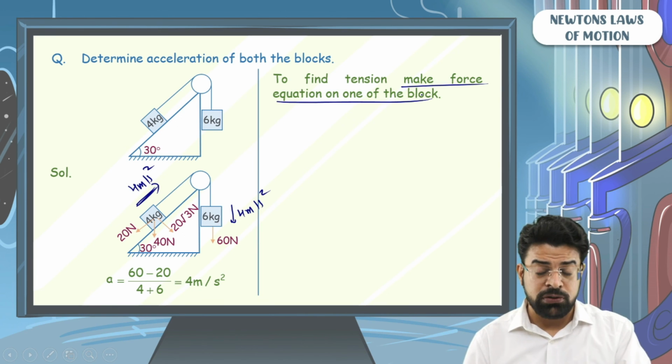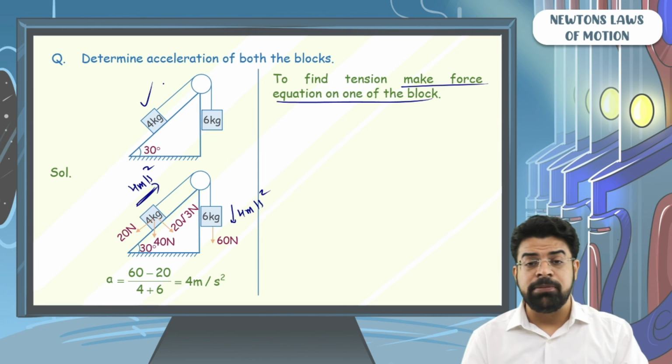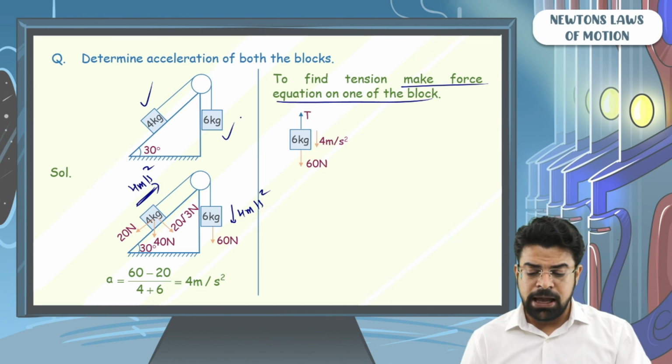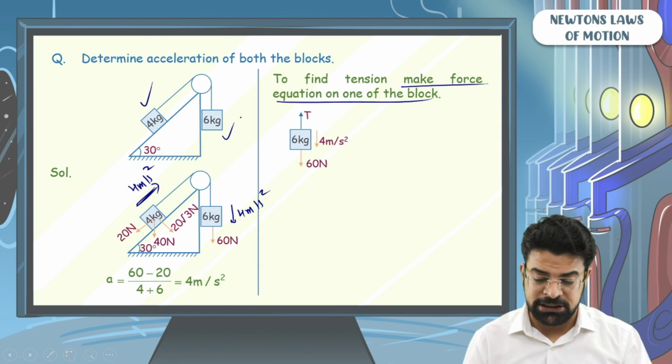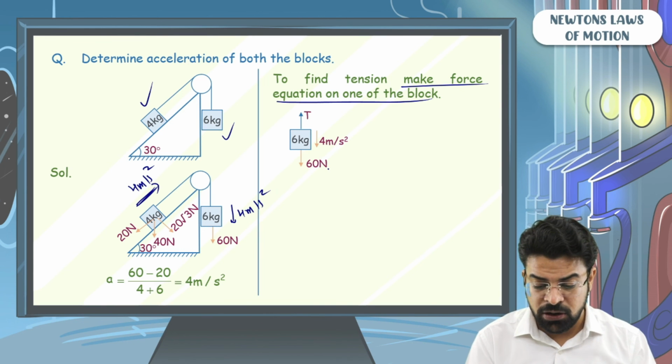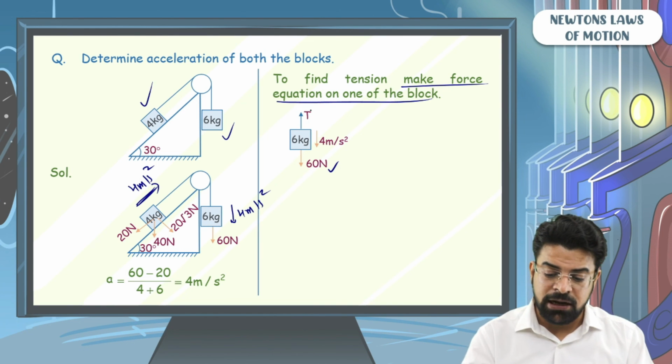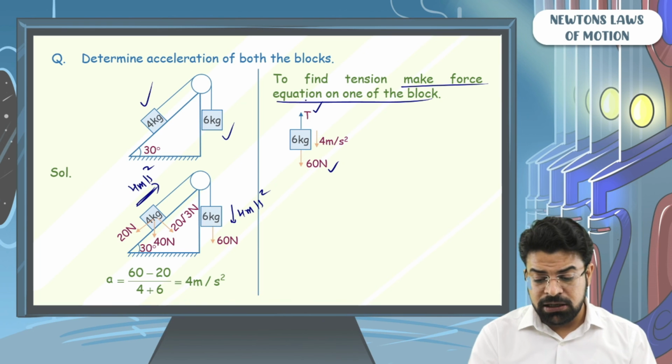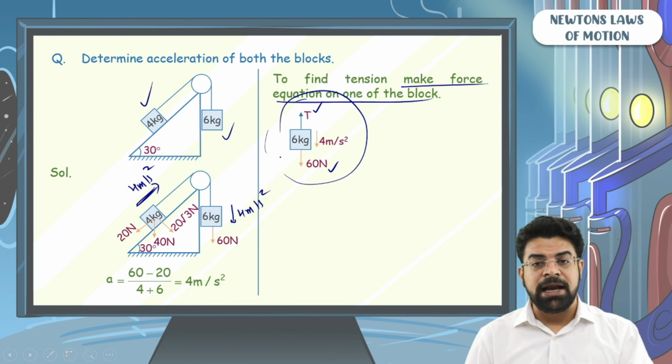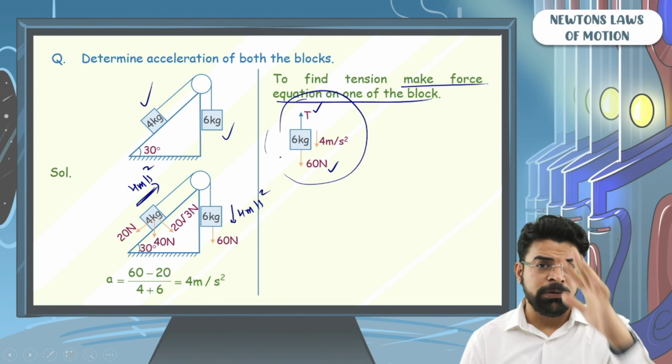You can make the force equation on the 4 kg block. You can make the force equation on the 6 kg block. I am making here the force equation on the 6 kg block. On the 6 kg block, there is a downward force of gravity 60 and upward force of tension T. And under the influence of these two forces, we know that it will move down with an acceleration of 4 meter per second square.